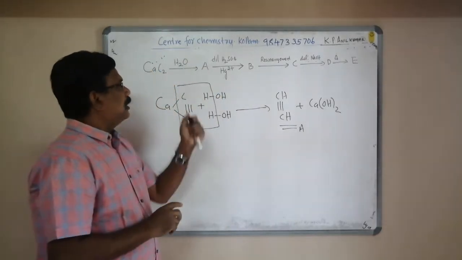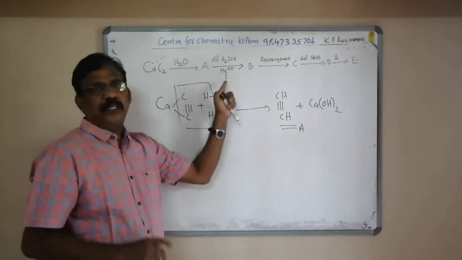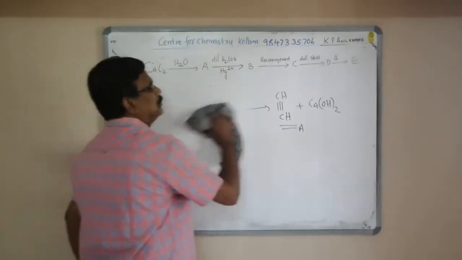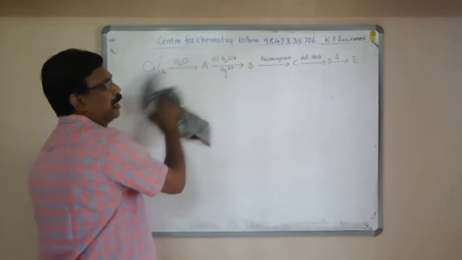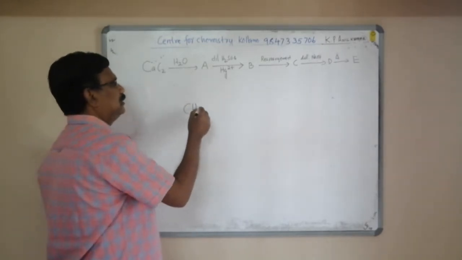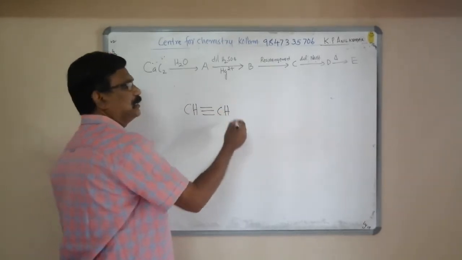So next, acetylene, dilute sulfuric acid and mercuric sulfate. Capital A is acetylene, CH triple bond CH.